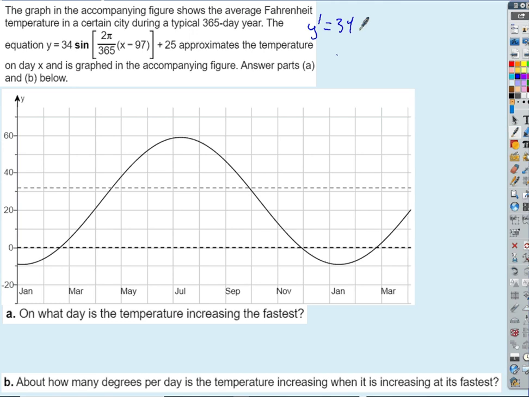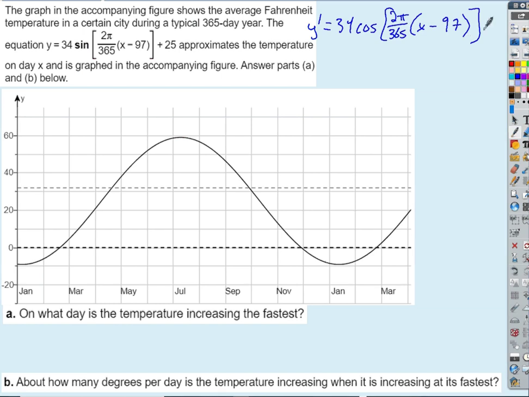So I get 34 cosine of 2 pi over 365 times x minus 97, okay? What's the derivative of that inside? 2 pi over 365 times the derivative of x minus 97, which is 1, right?